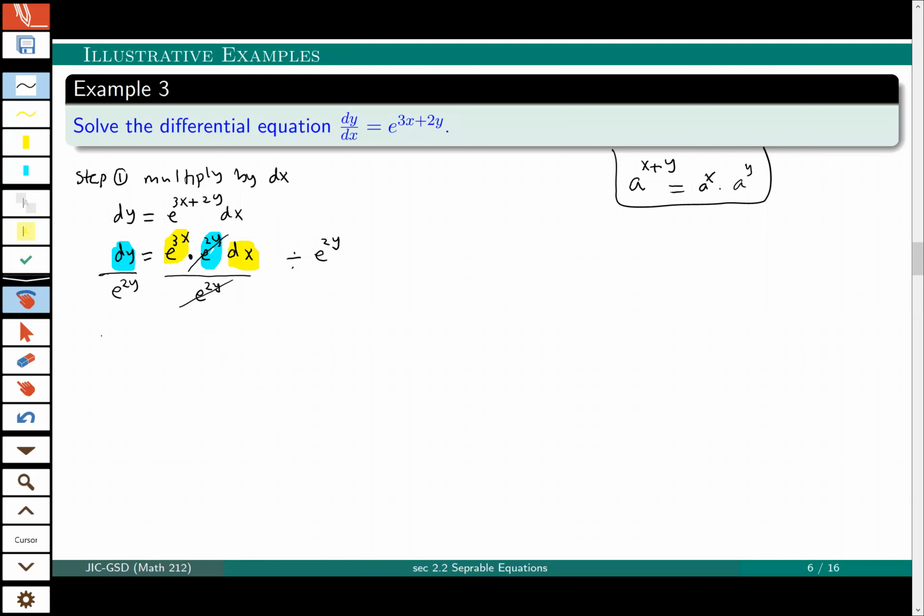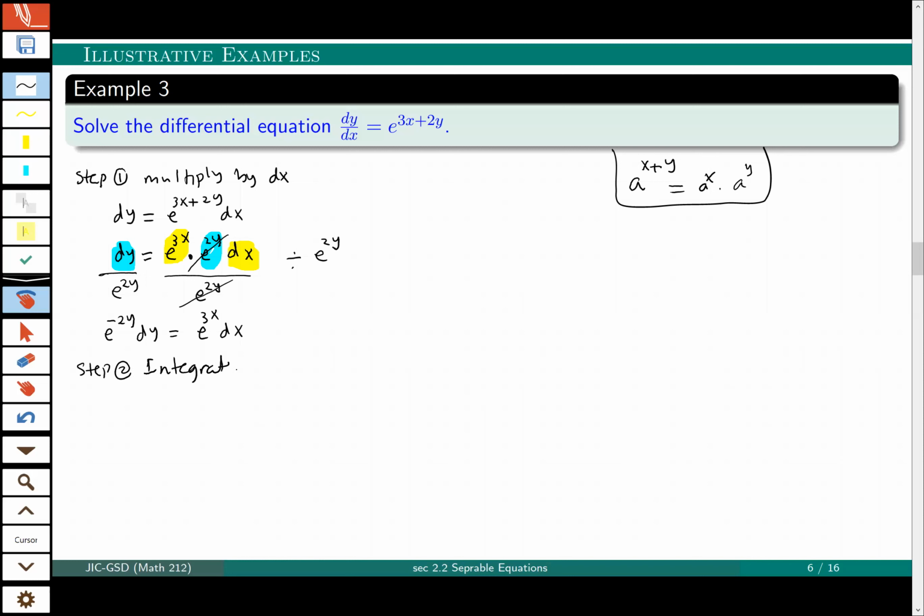Now, our next step, once we have separated, we integrate both sides: integration of e raised to the power minus 2y dy, integration of e to the power 3x dx.